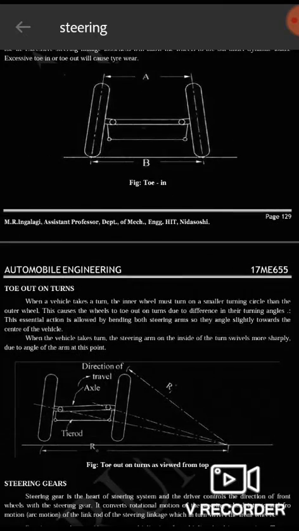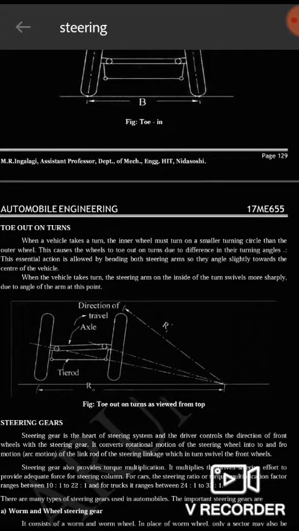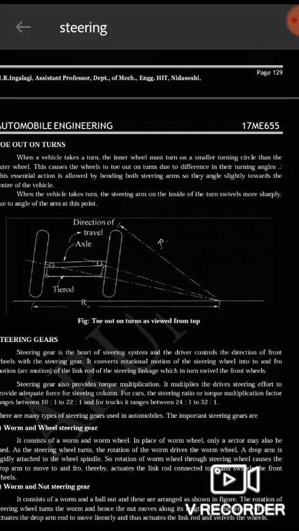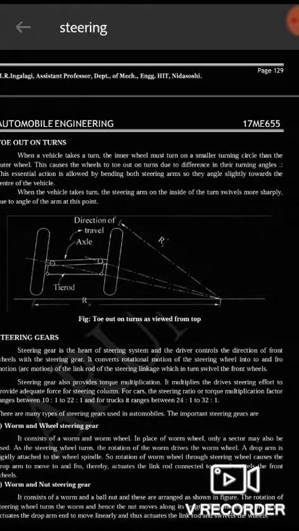Okay, next, toe out on turns. When the vehicle takes a turn, the inner wheel must turn in a smaller turning circle than the outer wheel. This causes the wheels to toe out on turns due to the difference in their turning angle.